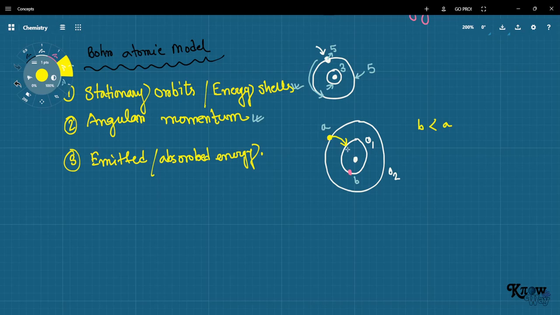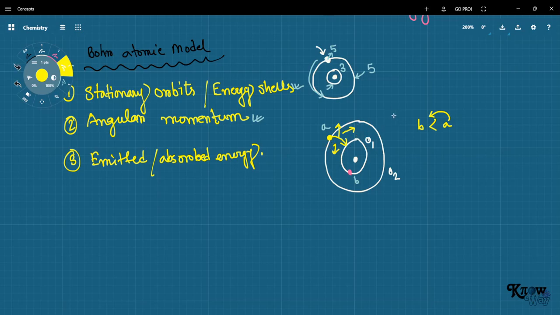So to move from a higher energy to a lower energy, it has to emit energy. It will emit energy into the environment or into another thing.